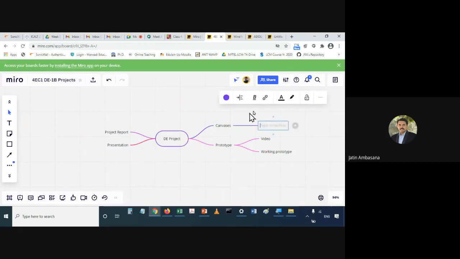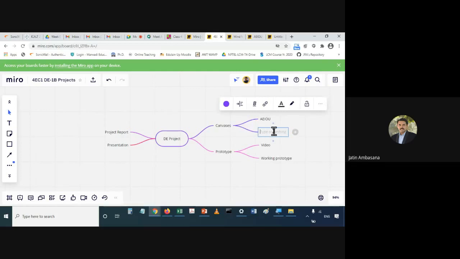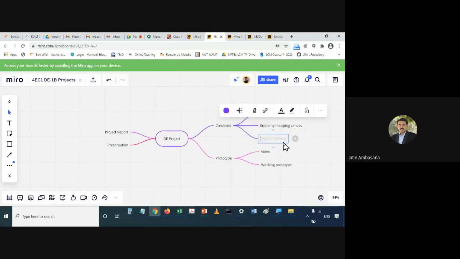So in canvases, what do you do? The AEIOU canvas is there. Then typically you have the empathy mapping canvas, right? Then you typically have the ideation canvas, right?